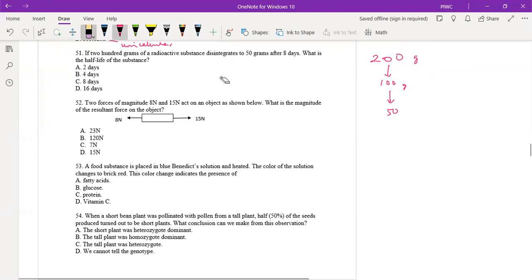The second half-life is going to be another half of that, so that's 50. Now the whole of this is 8 days. That's what the question is saying. So what will be the half-life? You have 2 half-lives here, so you have to divide the 8 into 2. This is 4 days and this is 4 days to make 8. So that's a half-life of 4 days.